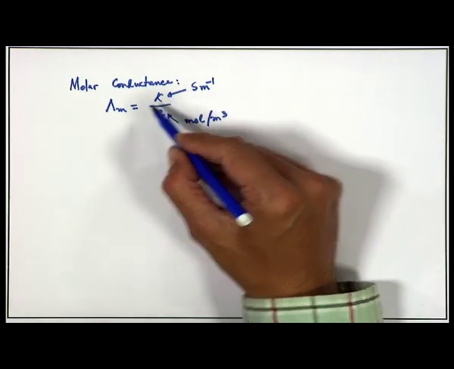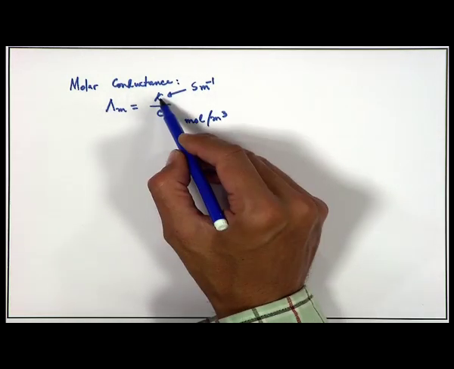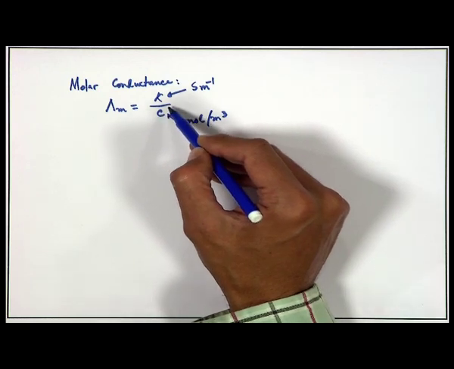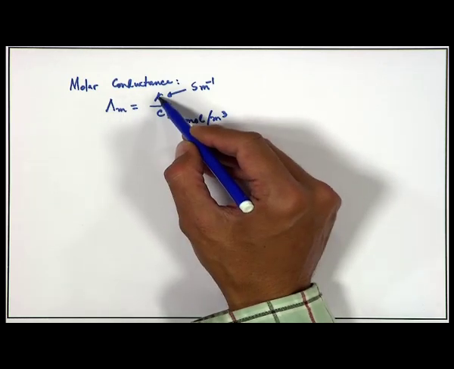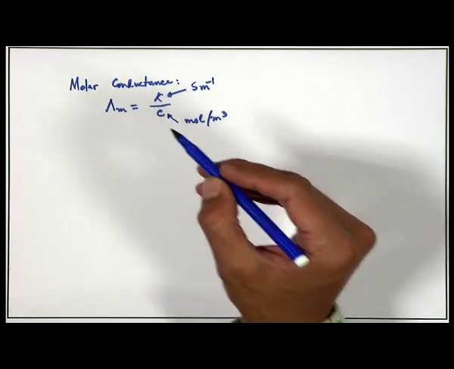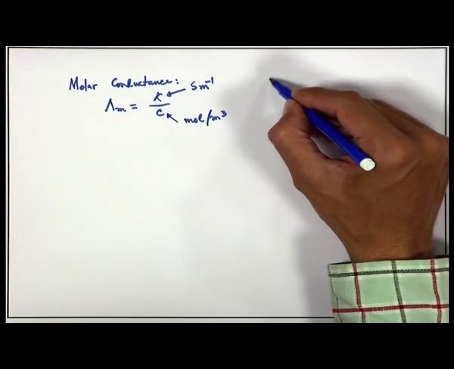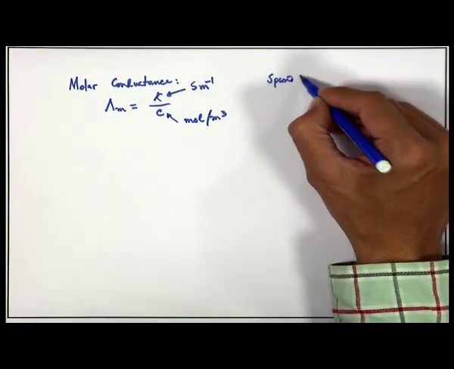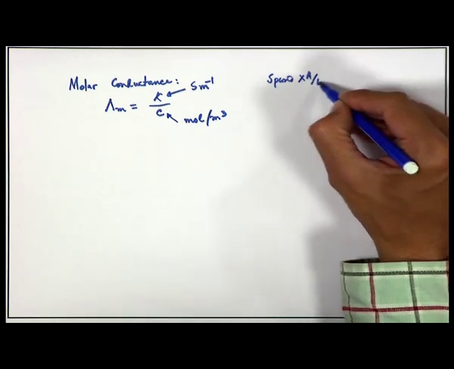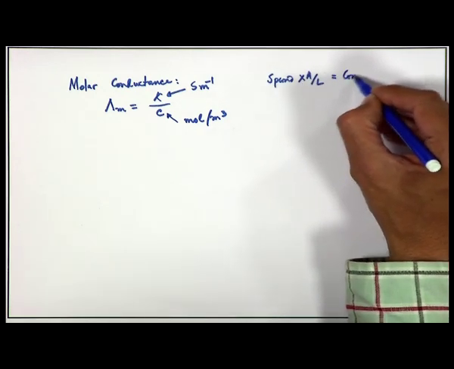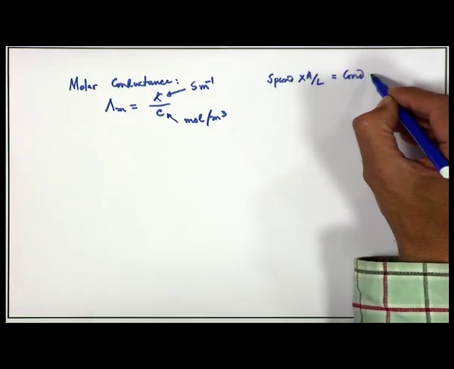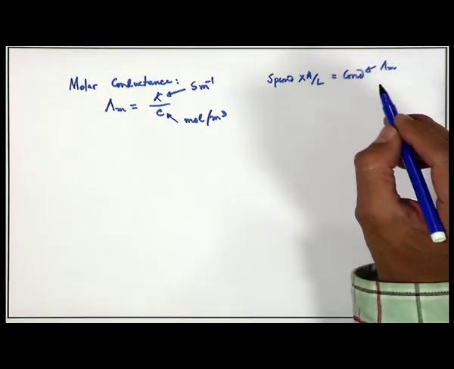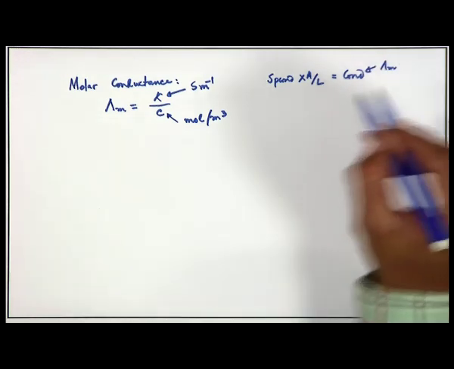Now, conductance is equal to specific conductance into A by L. So, A by L is basically 1 upon C, that is why lambda m is equal to kappa by C. So, specific conductance into A by L is your conductance, and here this is lambda m, molar conductance.